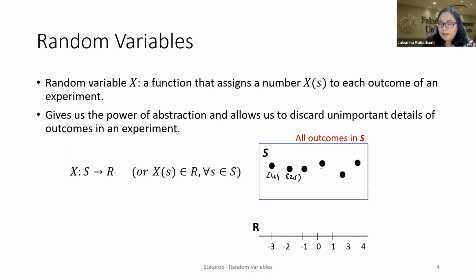I can map each of these outcomes to a certain number. So here I'm mapping the sample space to any real number on my real number line. I don't care about exactly what outcome it is. I assign a number to each outcome. So that is where the name variable comes from. Each variable is my outcome in S, and I assign the number somewhat randomly or arbitrarily.